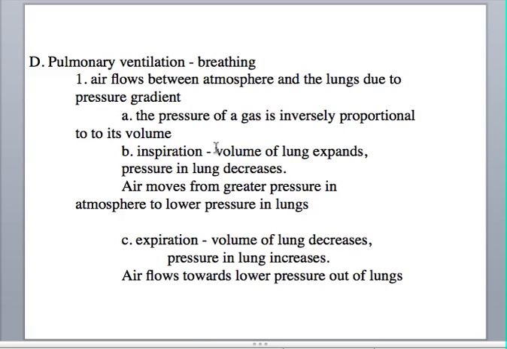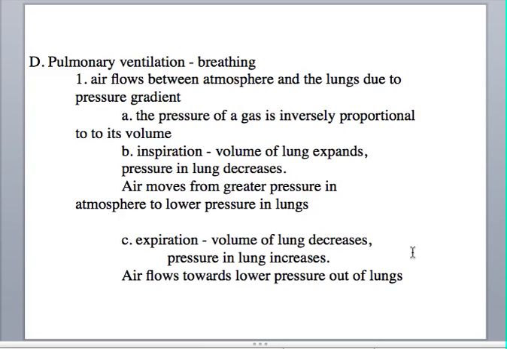So air moves from the area of greater pressure in the atmosphere, meaning the outside air, into an area of lower pressure in your lungs. That's what causes the movement of air into your lungs: the change in the volume of your lungs.